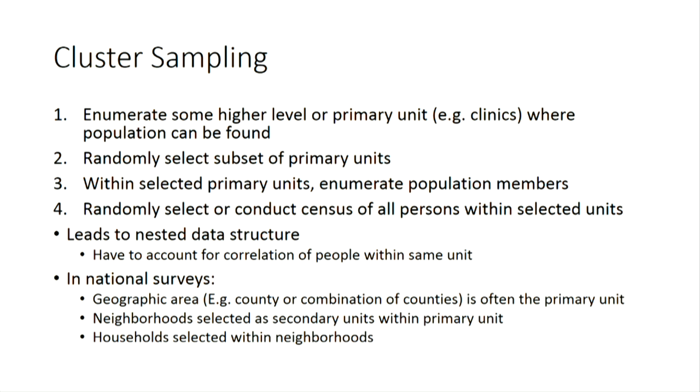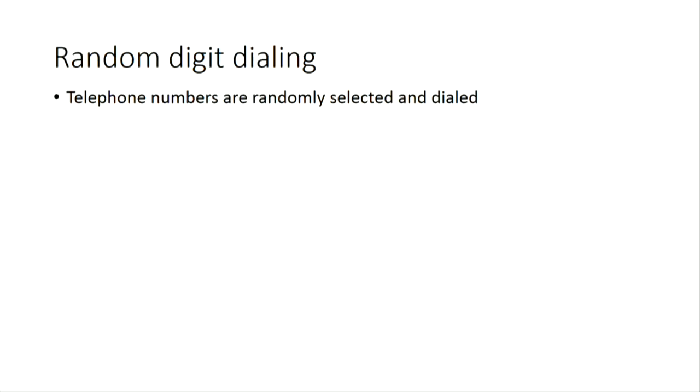And then often within those geographic areas that are sampled, they'll take an even closer look at the maps and the composition of the population and sample neighborhoods. And then they'll send field interviewers into those neighborhoods to start inviting people that live there to participate in the survey. So here you actually have 2 levels of sampling, possibly 3 levels of sampling, where you're first sampling, say, counties and large cities. Then you're sampling neighborhoods, and then either you're interviewing everybody who lives in selected neighborhoods, or you're doing another round of sampling within those neighborhoods.